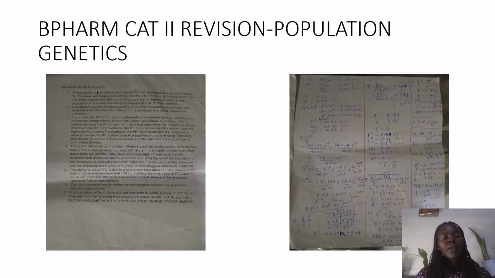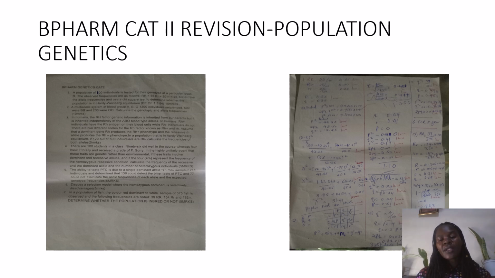Remember, the whole of 0.104, plus half of the heterozygous, where you'll get 0.206, plus 0.104, you will get P as 0.31 and Q as 0.69. So the allele frequencies: P was 0.31, Q 0.69.